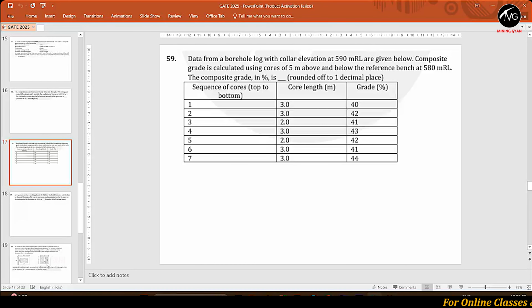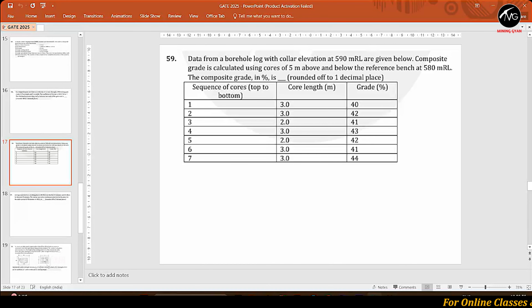Now FOS in second case. What is FOS in second case? It is the maximum load upon the load on the pillar. Reduction in factor of safety after pillar splitting.